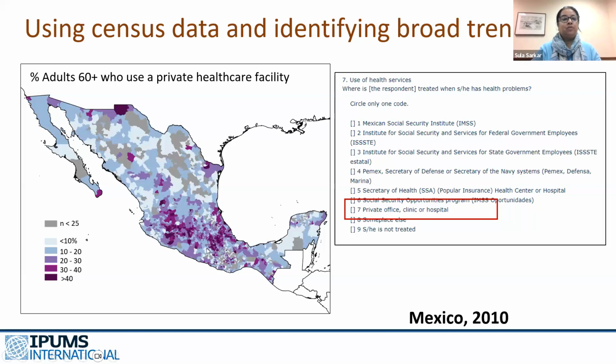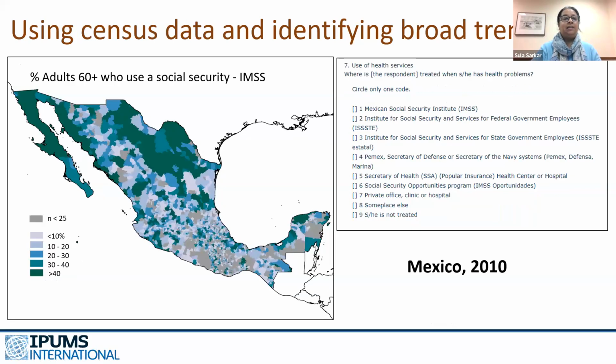Here are adults with private healthcare facility, and here are adults who use a social security system. And here is the questionnaire again. So you can see that the trends are kind of reversed in the 2 maps that I showed. But this is what you get with census data. You can identify a broad trend as to where you can focus your research on and what you're looking at.